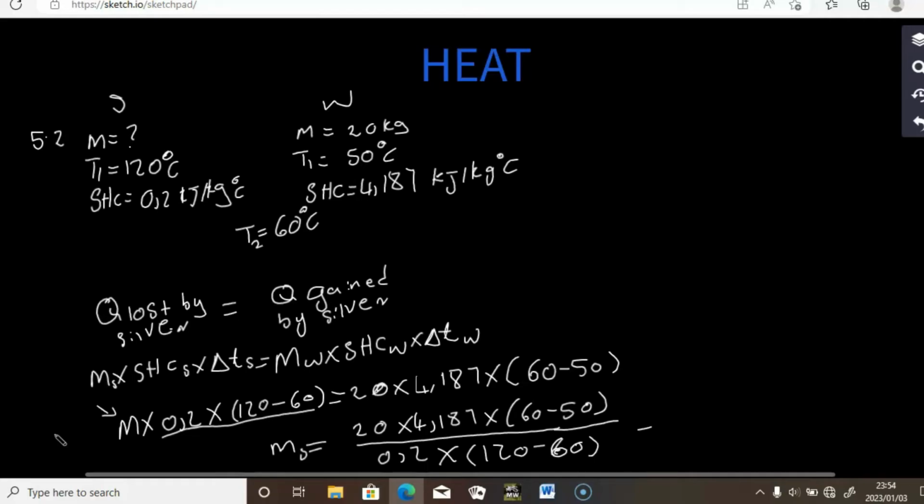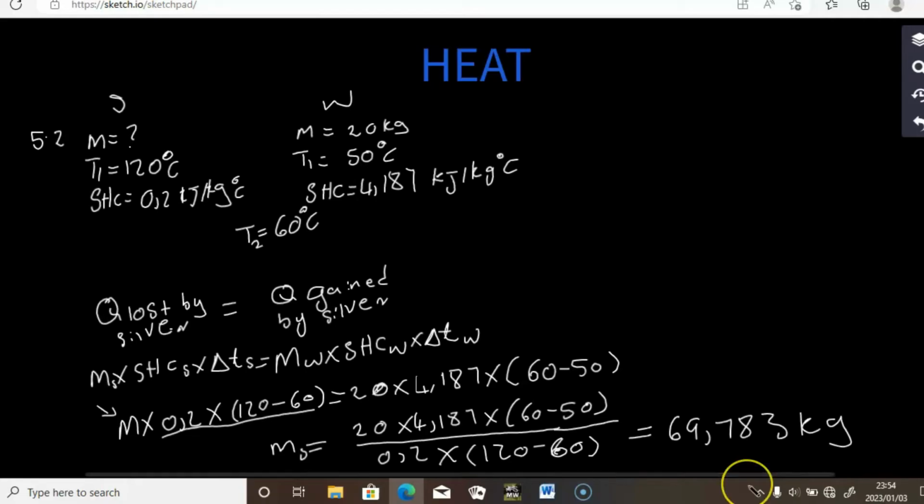And this will give us the mass of silver as, according to my calculator, 69.783 kg. And then we move to question 5.3.